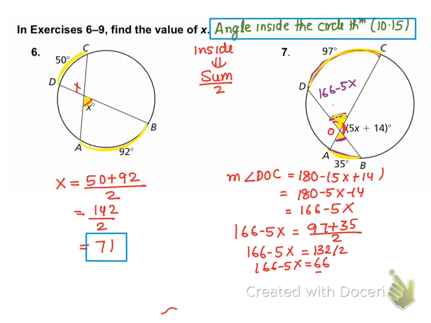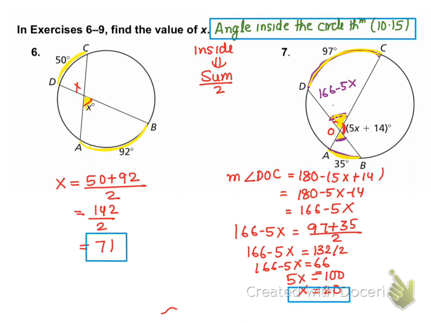Then add 5x to both sides and subtract 66 from both sides. So you're getting 5x is equal to 100, and divide by 5 on both sides, x equals 20. You can check the calculation. So your answer is 20 for this one.